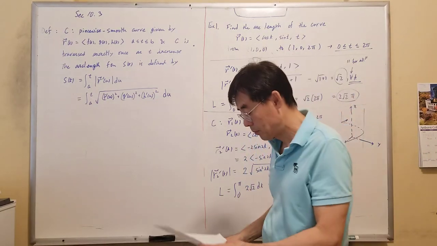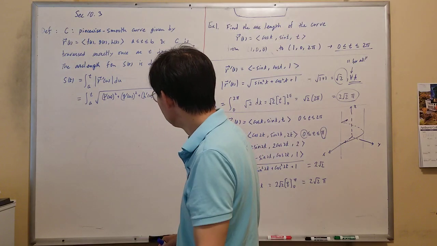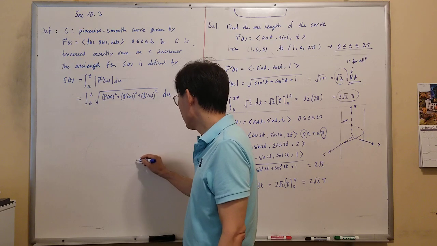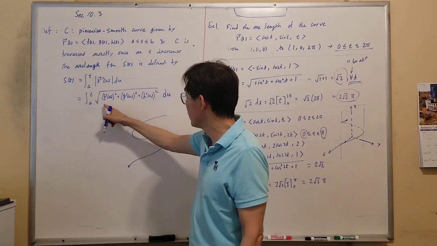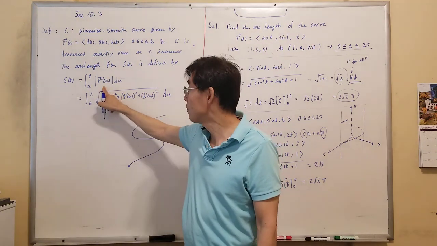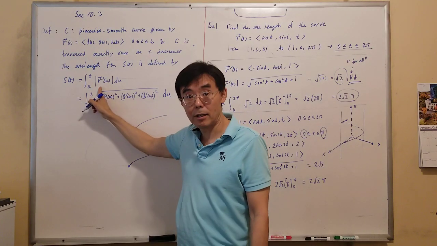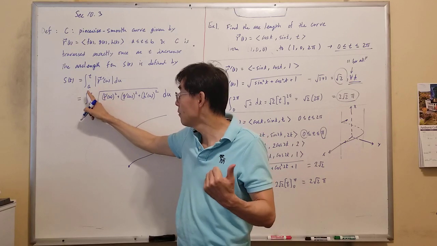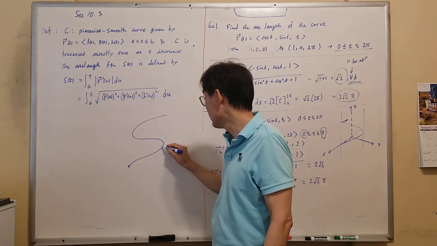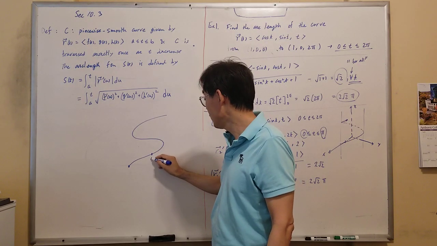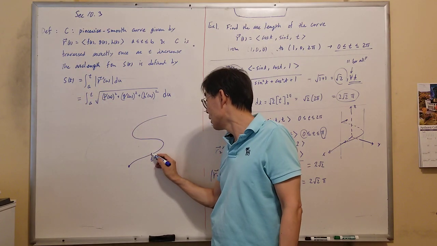So what does it mean? Let's say you're going through this. This is the speed function's integral from a to t. So this is the arc length during the time a to t, or the distance you travel from a up to t. If at t equals 1 you are here, then this measures the distance from here to here.